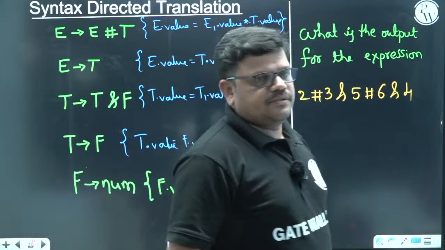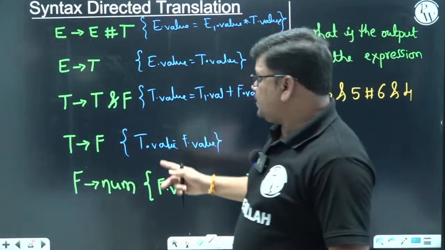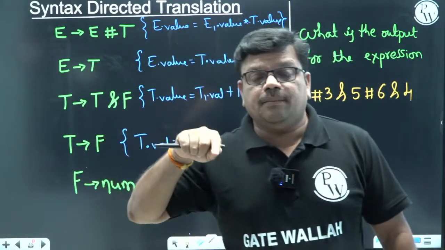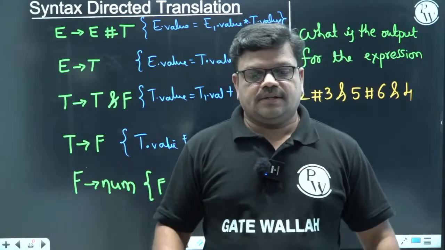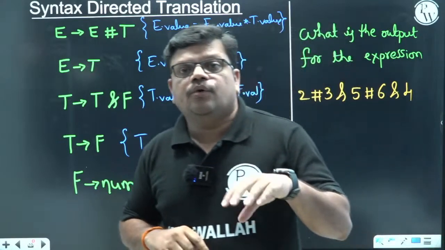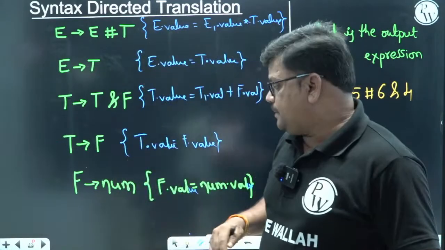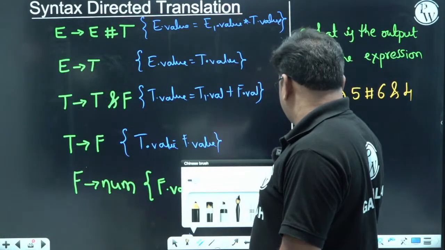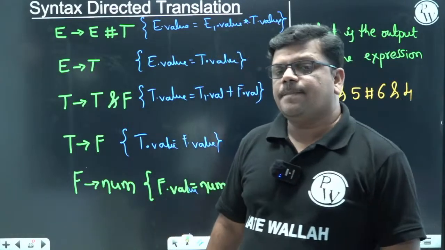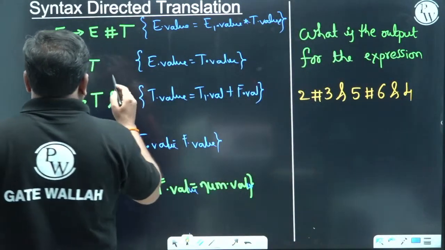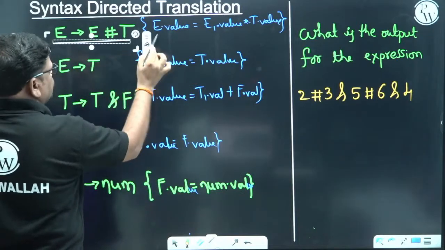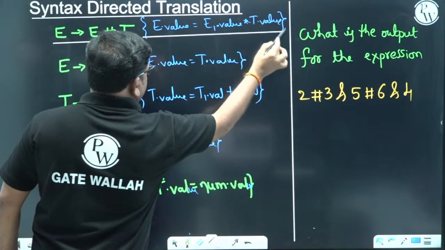Syntax directed translation is nothing but context-free grammar productions. We have context-free grammar productions which were designed at the time of the parser. For the same context-free grammar productions, some associated rules are there, because semantics is something beyond syntax, something more than syntax. So here we have grammar productions, plus for every grammar production we have a rule.